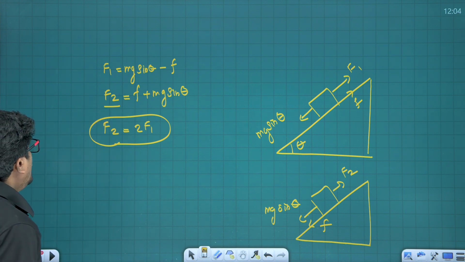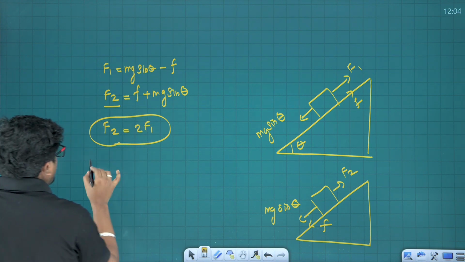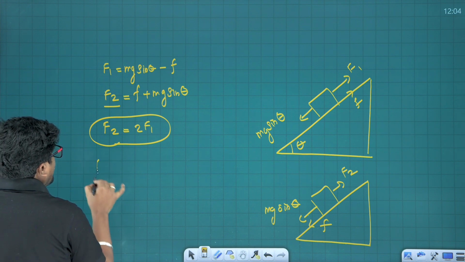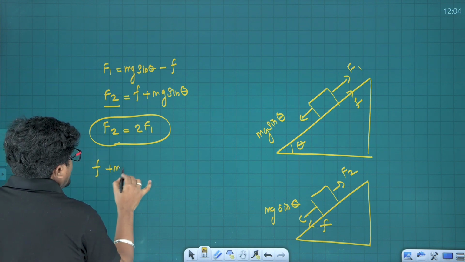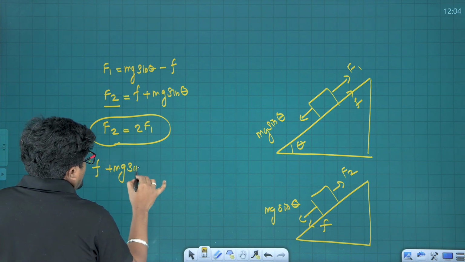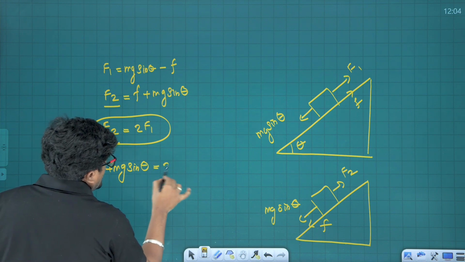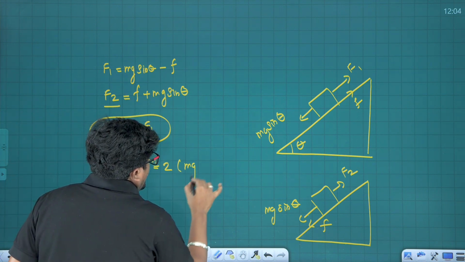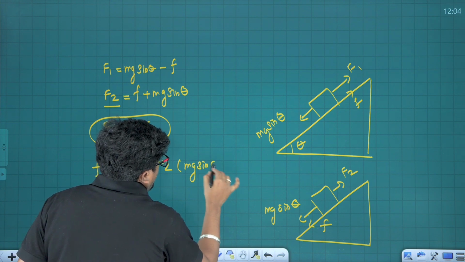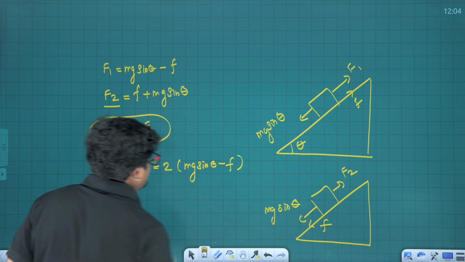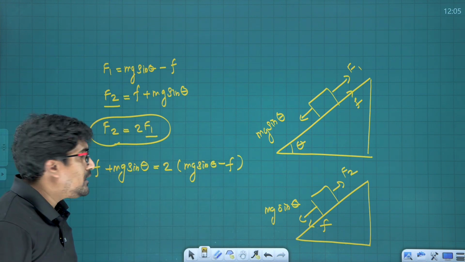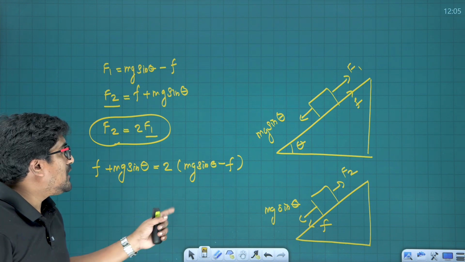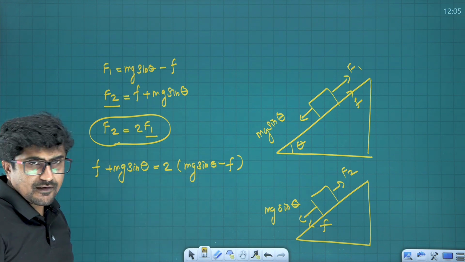What is F2? F2 is small letter f plus mg sin theta. That's equal to 2 into F1, and F1 is mg sin theta minus f. Of course, you know that the mu term is supposed to be related with small letter f only.